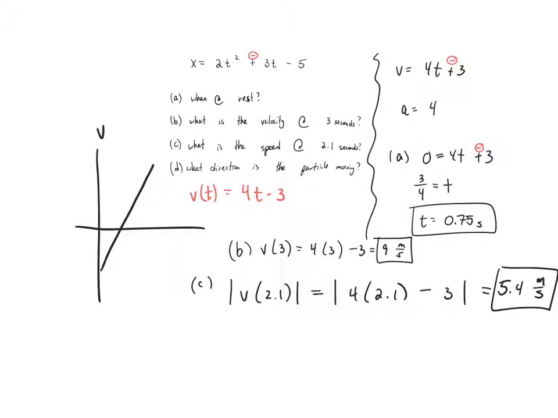And if I just look at my velocity function, I'll recognize that I'm starting with a negative velocity. Just as Max said, we're starting by moving left. So this particle moves left, slows down, and then hits 0.75 seconds. And when it hits 0.75, what's the velocity? 0. And then the particle gains positive velocity, gets faster.